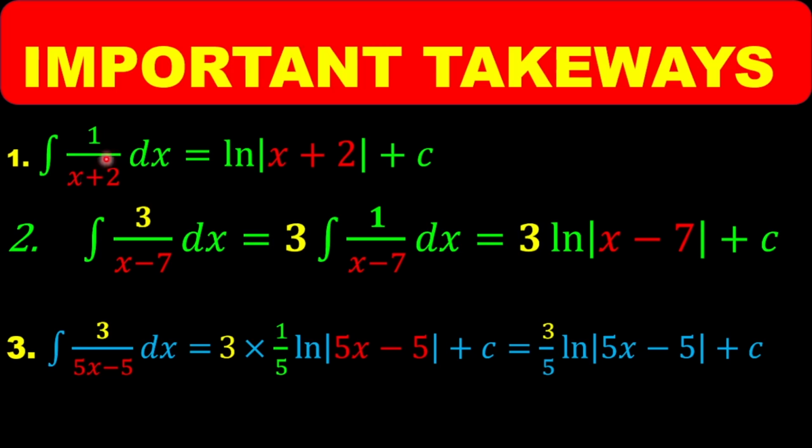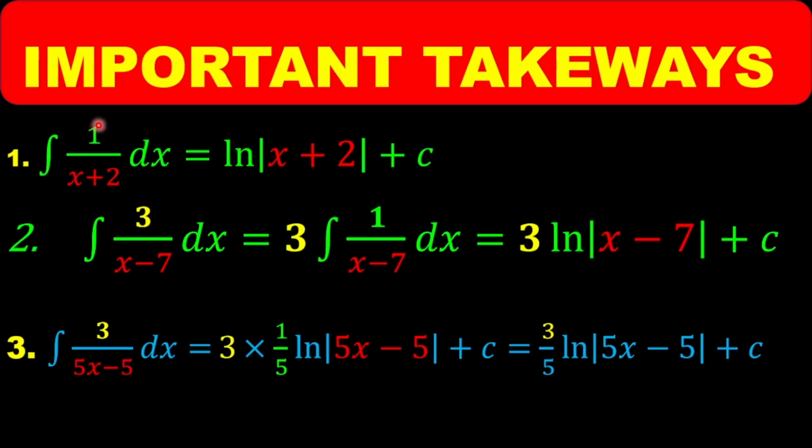When you integrate this by standard, you are going to get the natural log of the absolute value. Then whatever denominator you have down, you place inside the absolute value symbol and then plus c. Plus c because this is an indefinite integral.